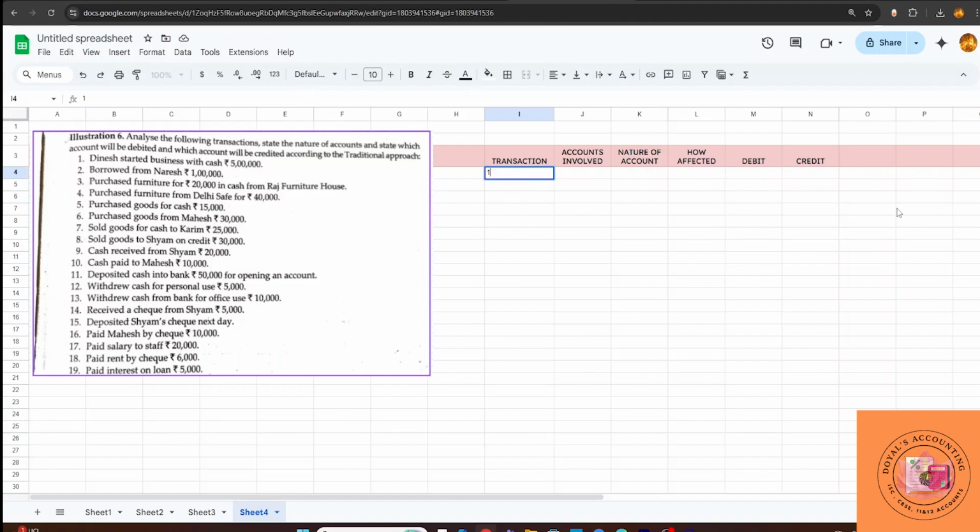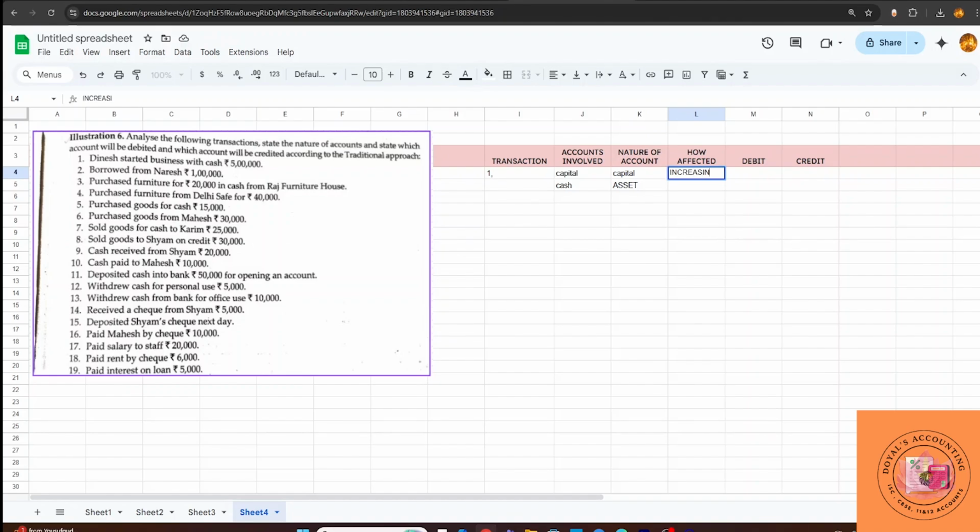So let's see transaction number 1. Dinesh has started his business with cash worth rupees 5 lakhs. So the accounts involved here are capital and cash. Capital is in nature, capital again, and cash is an asset. So this will be an asset account. Now how does this affect the accounts?